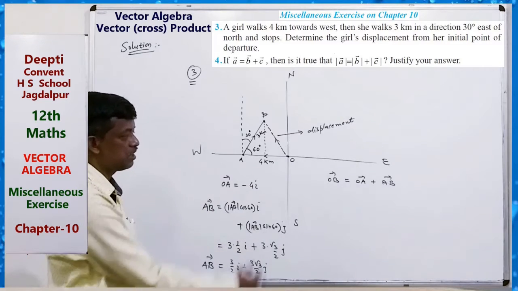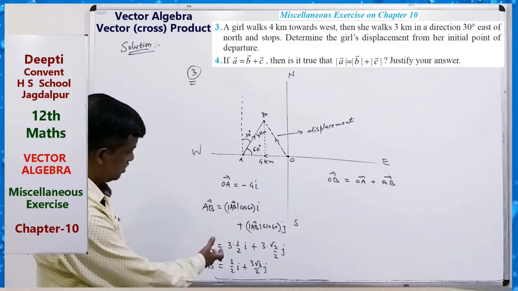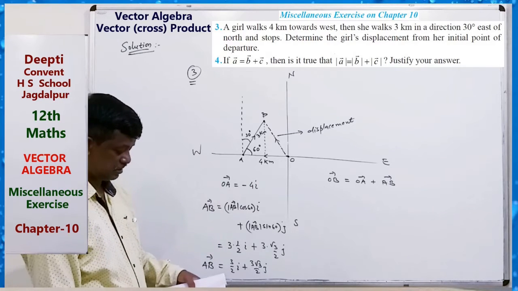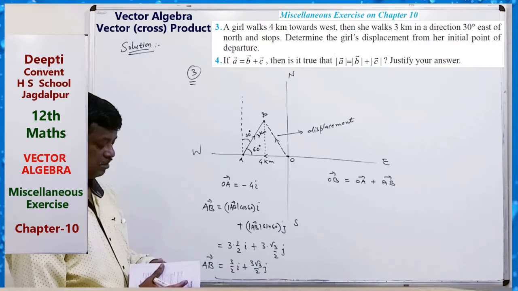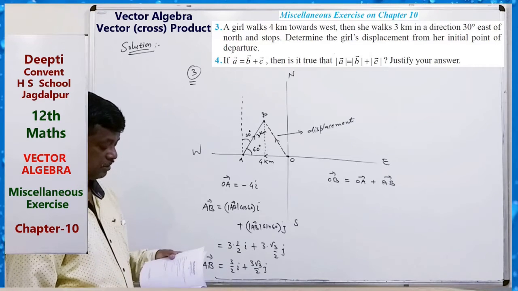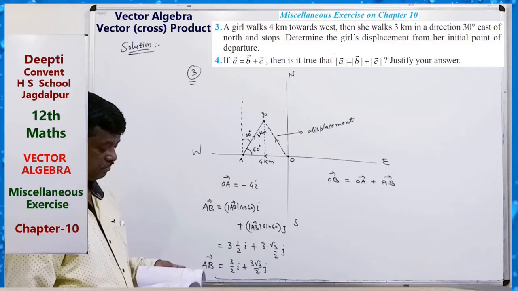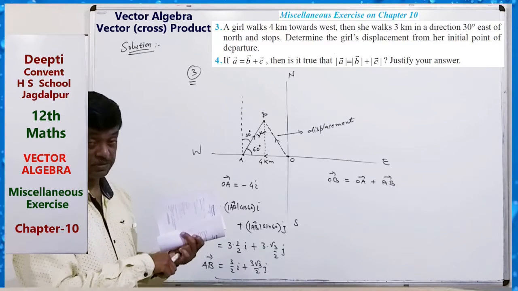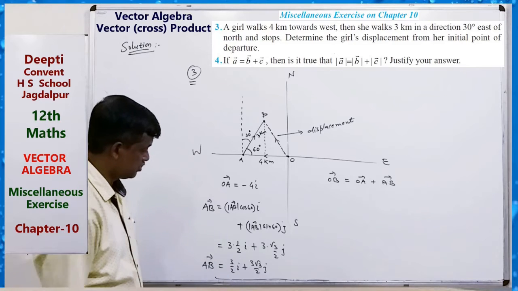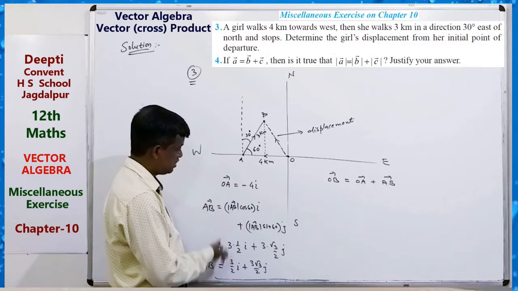Now the displacement can be found. This and this, just put the values and solve it. Because displacement is a vector quantity. So this AB is this, OA is this.